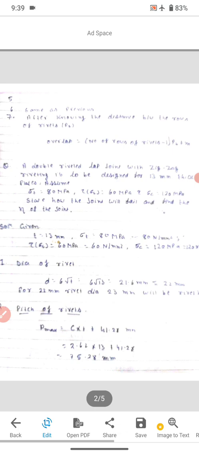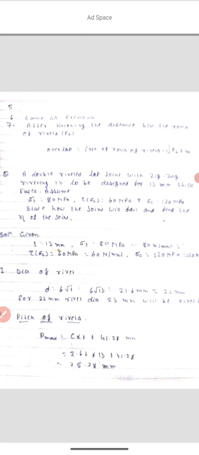On the basis of these two theoretical parts, we will discuss two numericals, and these numericals are important from your exam point of view, more important because they concern the whole boiler, or the whole rivet design that we have discussed up to now.